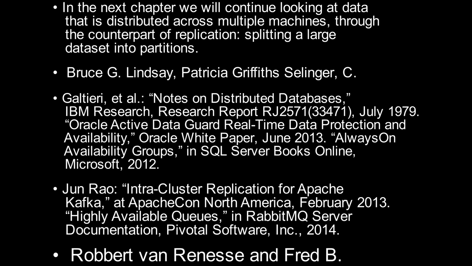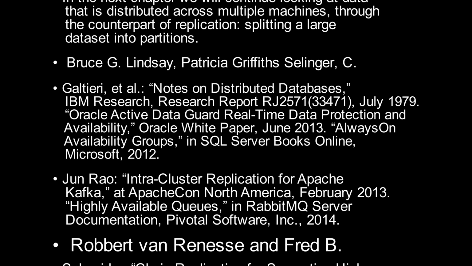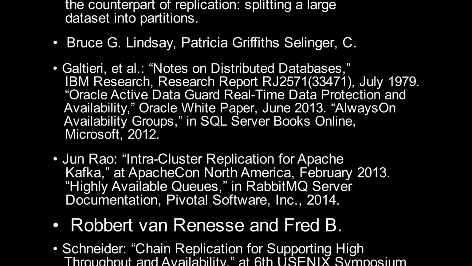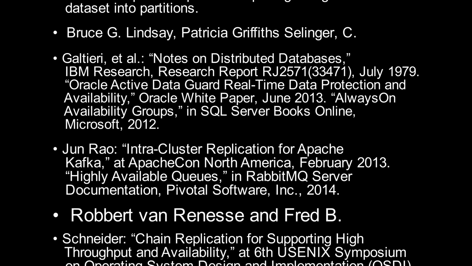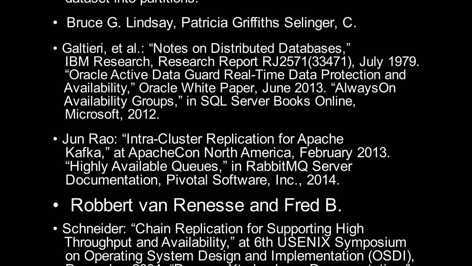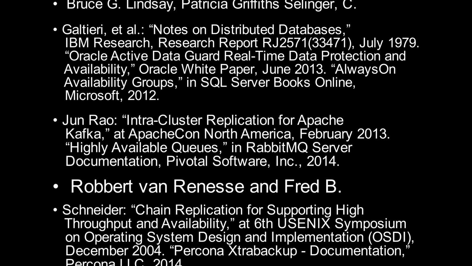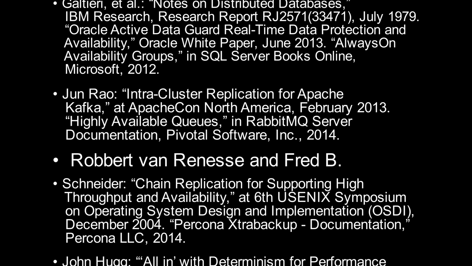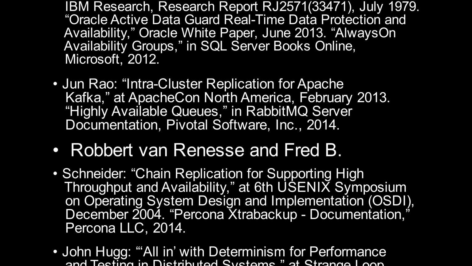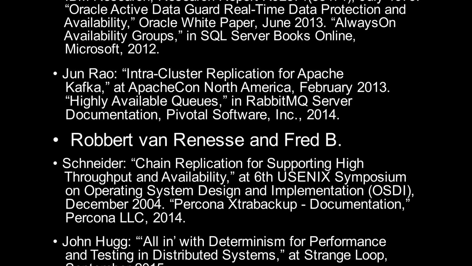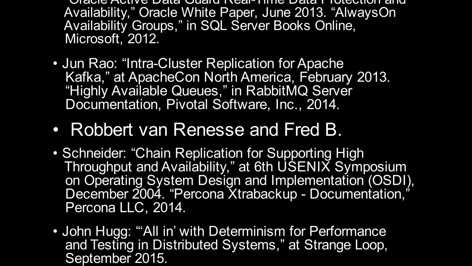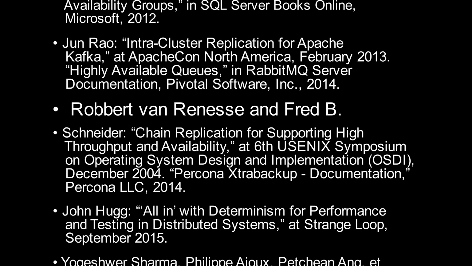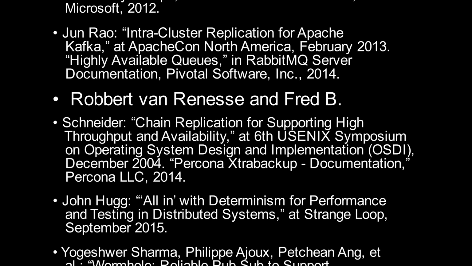Intercluster Replication for Apache Kafka, at ApacheCon North America, February 2013. Highly Available Queues in RabbitMQ Server Documentation, Pivotal Software, Inc., 2014. Robbert van Renesse and Fred B. Schneider. Chain Replication for Supporting High Throughput and Availability, at 6th USENIX Symposium on Operating System Design and Implementation (OSDI), December 2004. Percona XtraBackup Documentation, Percona LLC, 2014. John Hugg.